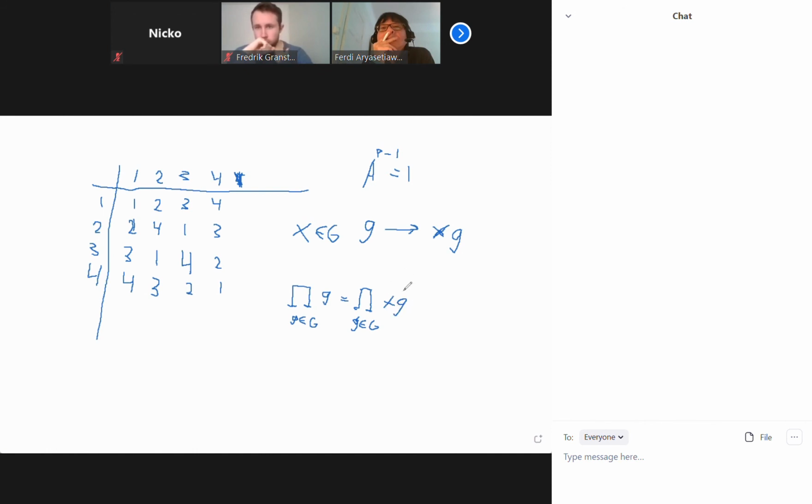We just rearrange the factors, but we have all the same factors in this multiplication.